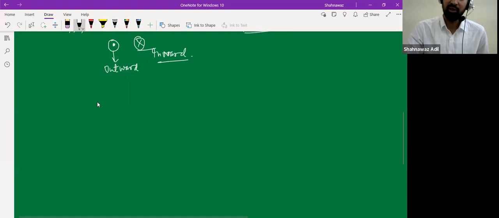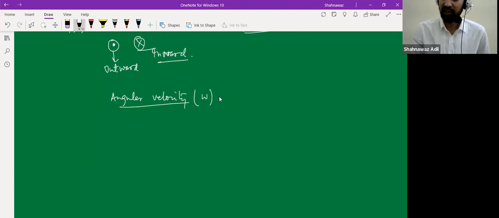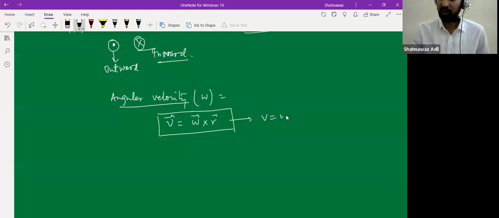Similarly, your angular velocity is represented by omega, and this is related with linear velocity. So your linear velocity v is omega cross r. And the magnitude of it is v equals omega r. Just remember this.